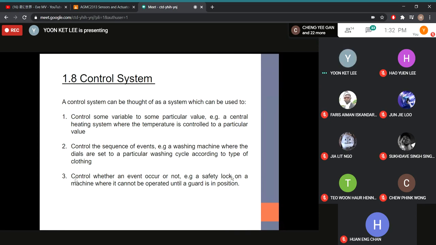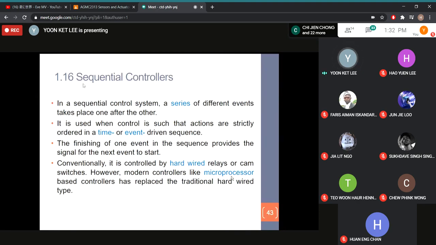In a sequential control system, a series of different events take place one after the other. This is used when the control instructions are strictly ordered in a time-based or event-based way. Time-based means when we delay for 5 seconds, and after that we do the next thing.